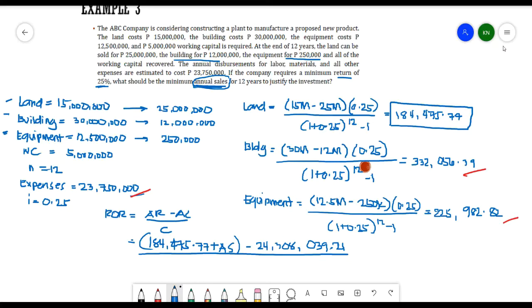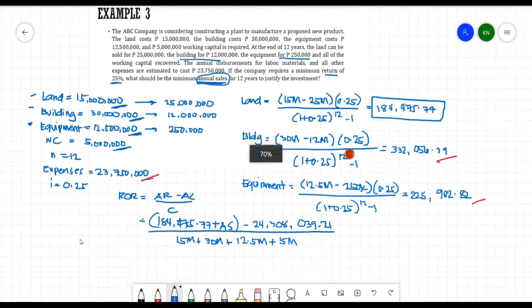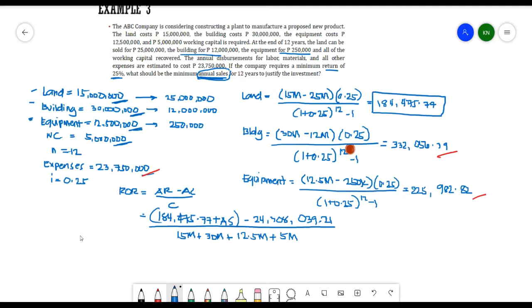So the capital that we have are the land, the building, the equipment, and the working capital. So we have 15 million plus 30 million plus 12.5 million plus the working capital, which is 5 million. So that is the capital that we have. So ROR again is 0.25.